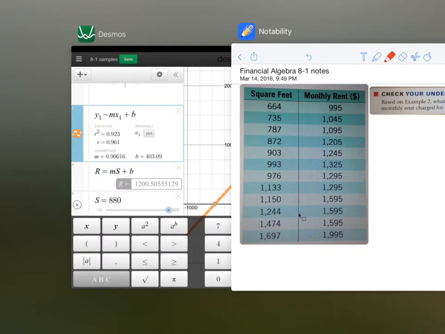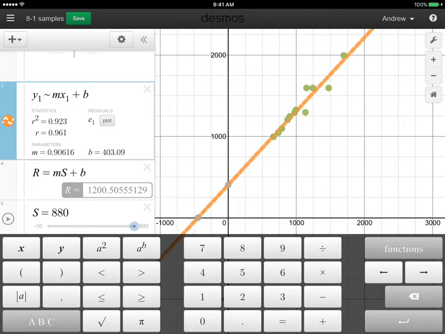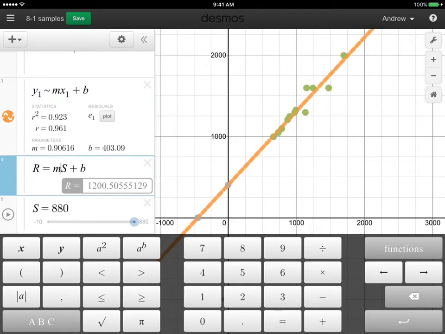So if I go back over here, what I did is I basically took the y equals mx plus b format and changed it into r equals ms plus b. The reason I used r and s for this example, I could actually make a note of this for myself.